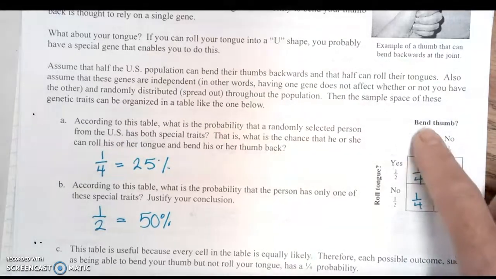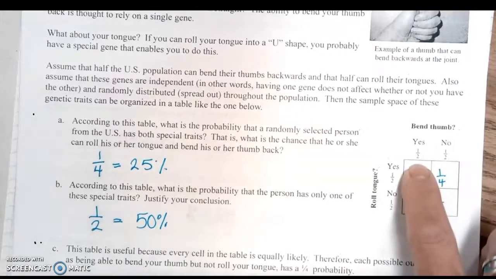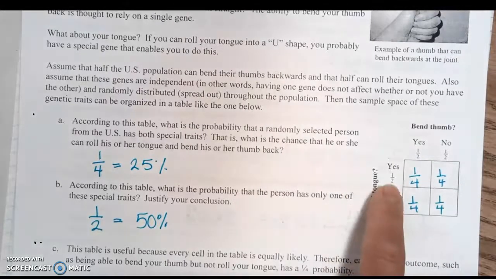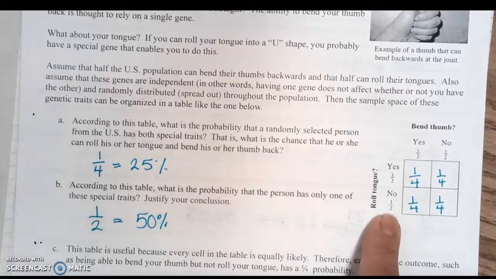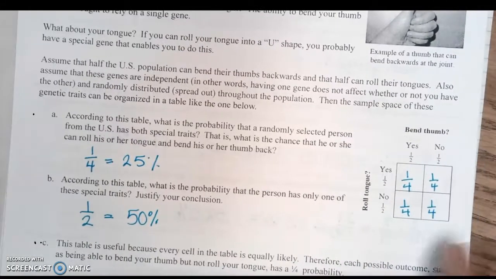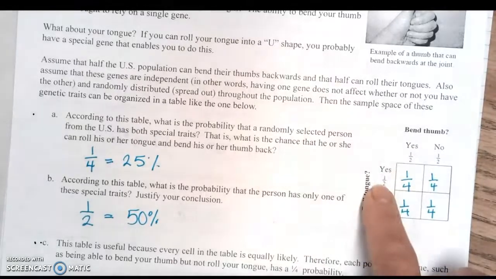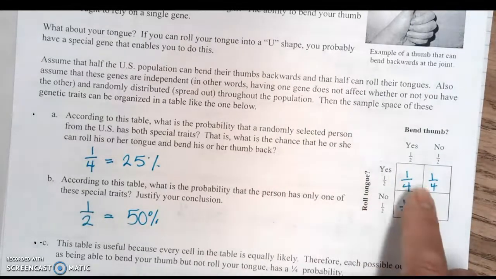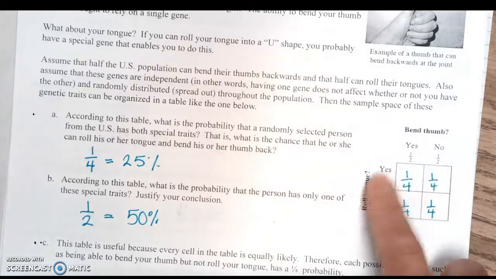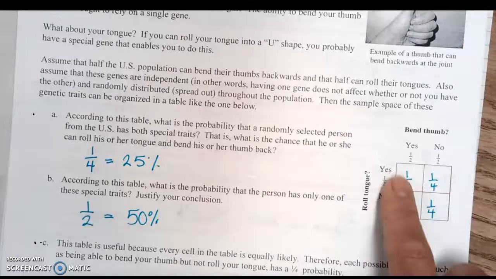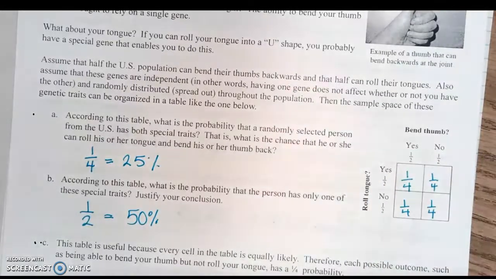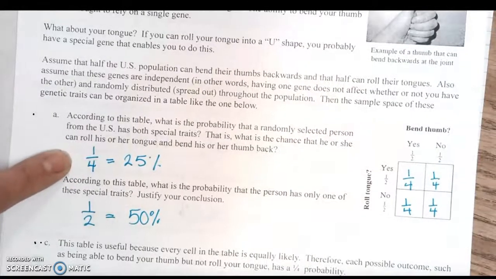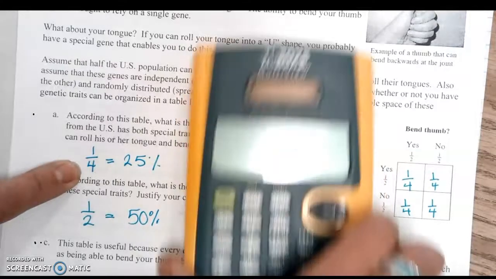So for bending thumbs, you have half yes, which means you have half no. For rolling the tongue, you have half yes, which means you have half no. But what are the chances that you're going to have yes, yes? So you take the 1/2 and you multiply it times 1/2, and you're going to get 1/4. Since all of them are 1/2 times 1/2, they're all going to be filled with 1/4. Okay? So the answer to part A is 1/4, which is equal to 25%.